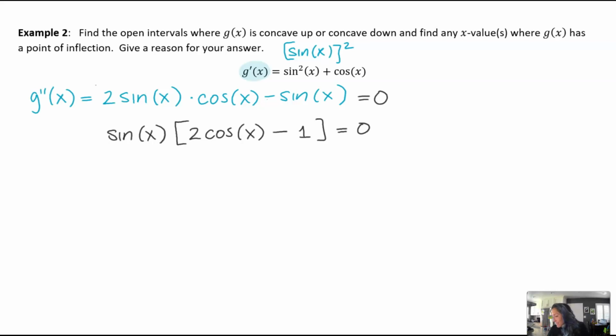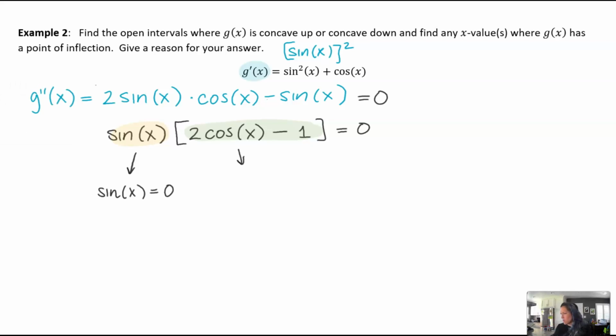Now these are 2 things I can set equal to 0. As I was mentioning in my little rant about things that could happen with our trig functions, both of the factors here have a single trig function, which means they're simple to solve. We can set sine of x equal to 0.